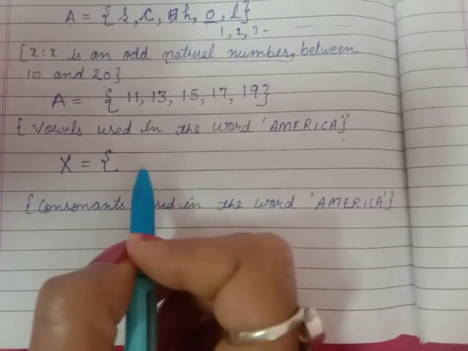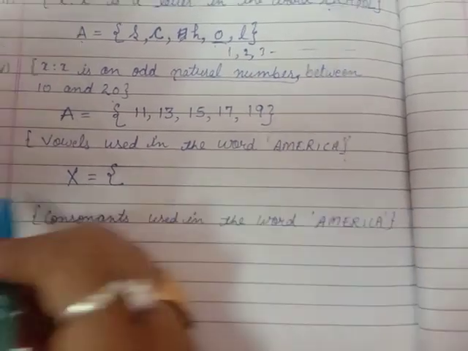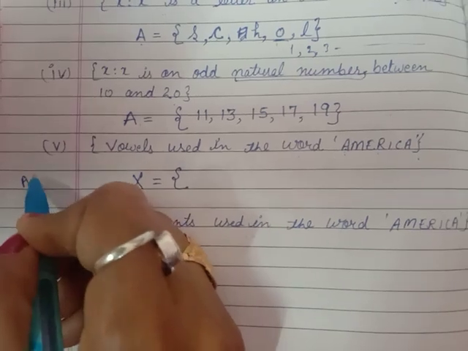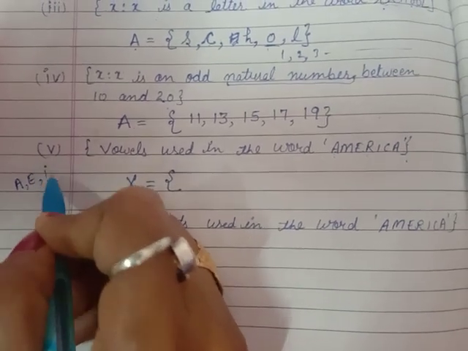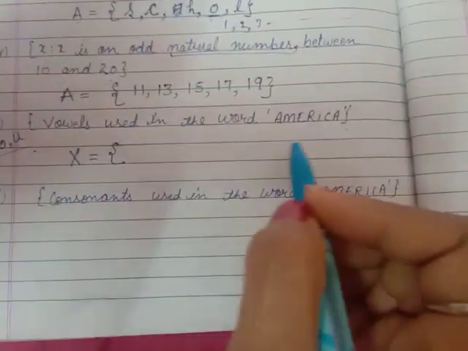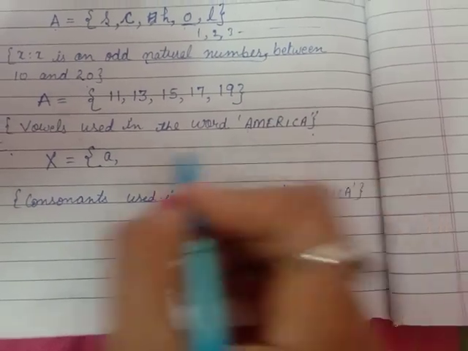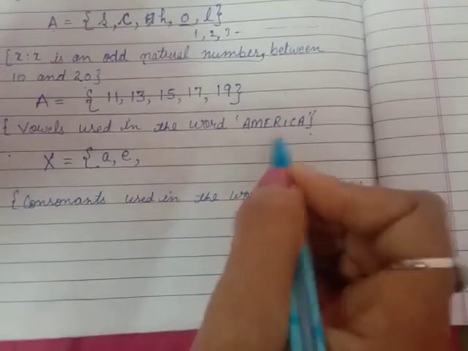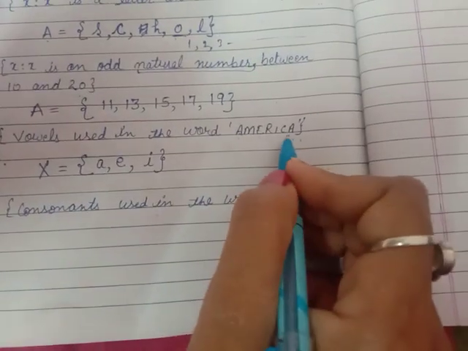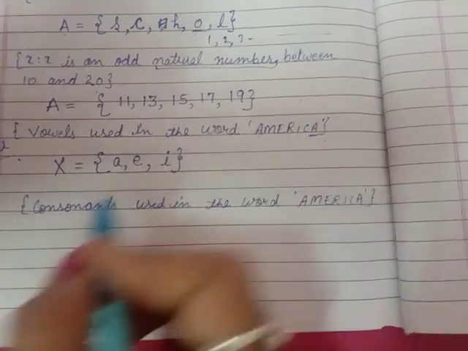We know that vowel sounds are a, e, i, o and u. So now check the vowel sounds: a, e, i. Again a is coming, but due to repetition we are not taking it.